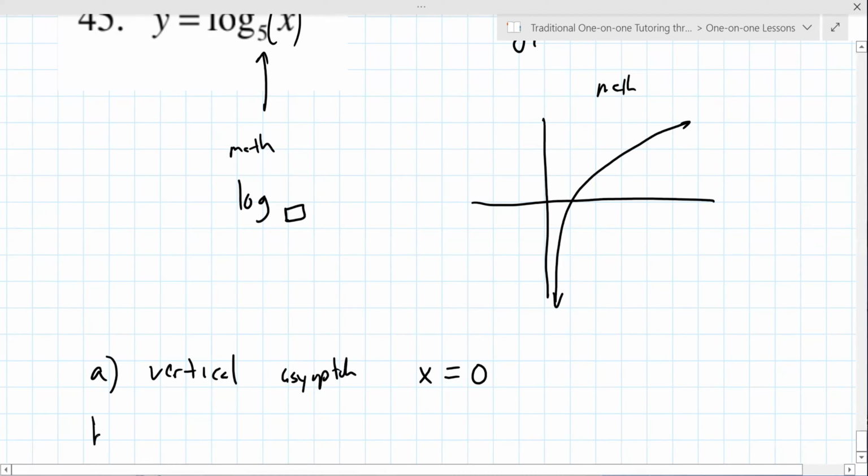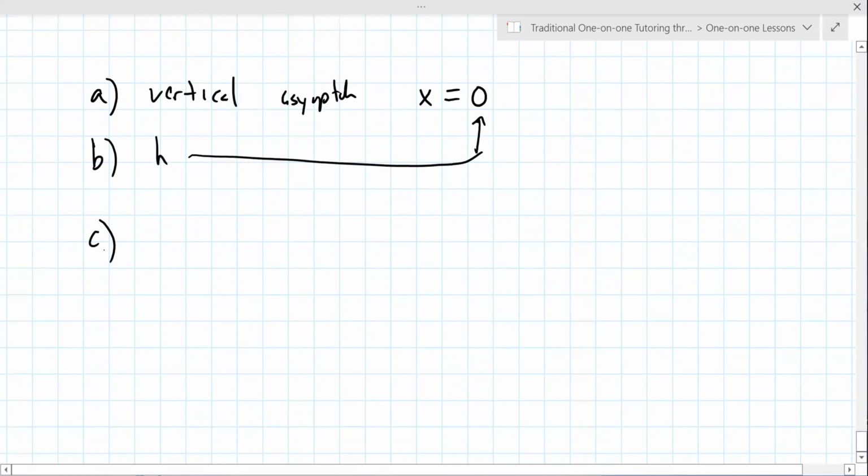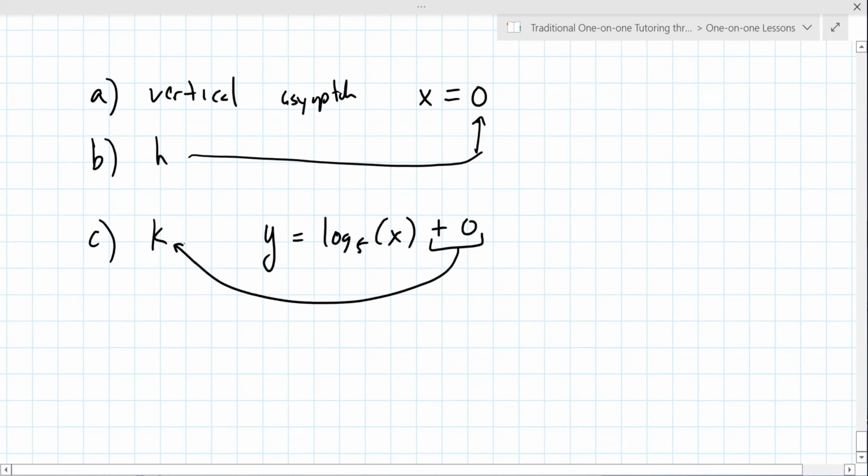For part B, this value, whatever you get here, is your h value. For C, the k value is the other number. So if I rewrite it again, it's log base 5 of x plus 0 on the right, and that ends up being your k value.